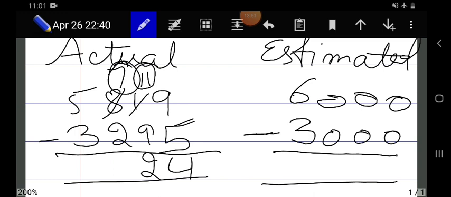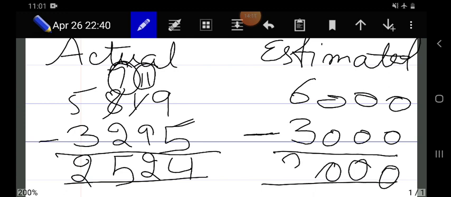Yes, 7 minus 2 is 5. 5 minus 3 is 2. So the actual difference is 2,524. Now we will find the estimated difference. 0 minus 0 is 0, again 0, again 0. 6 minus 3 is 3. So the actual difference was 2,524 and the estimated difference is 3,000.